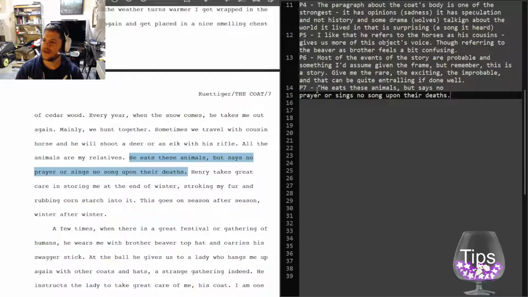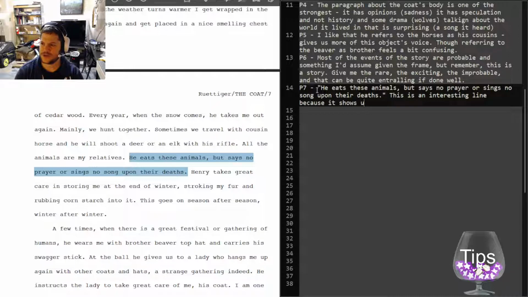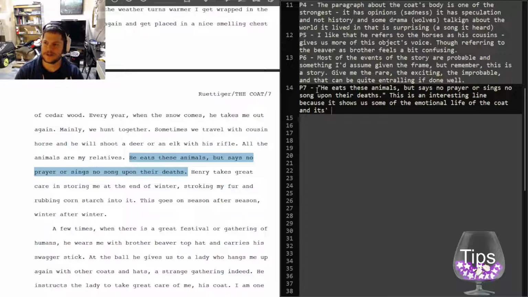This is an interesting line because it shows us some of the emotional life of the coat and its feelings of loss. No songs now.